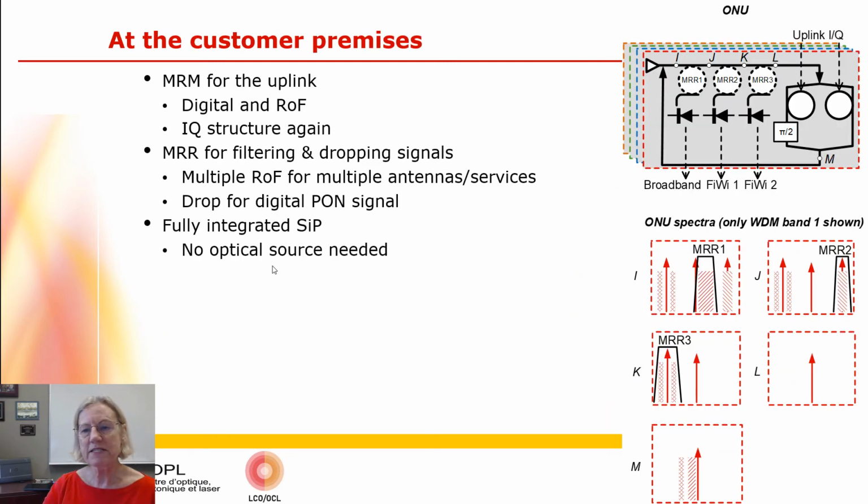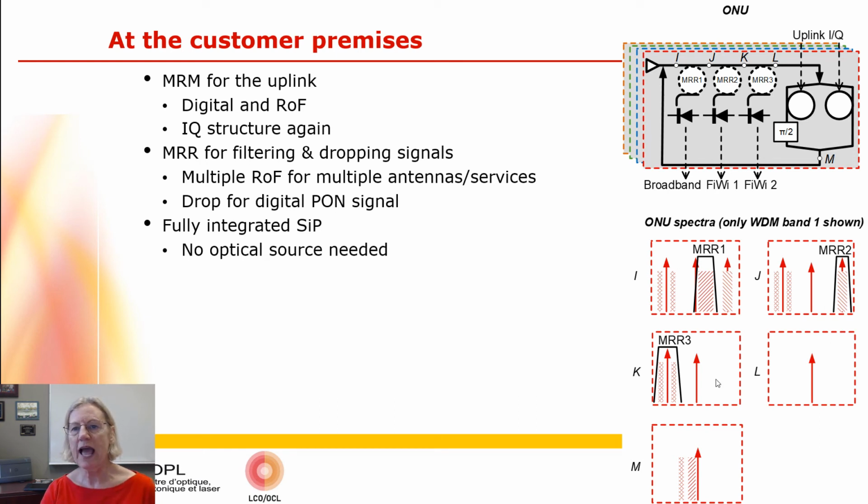At the customer premises, what do we do? Well, first of all, we need another microring modulator for the uplink and an IQ modulator. We also have to detect both digital and radio over fiber signals. So we're going to use the microring resonators for filtering and dropping signals, and we're going to use the microring modulator for the uplink portion.